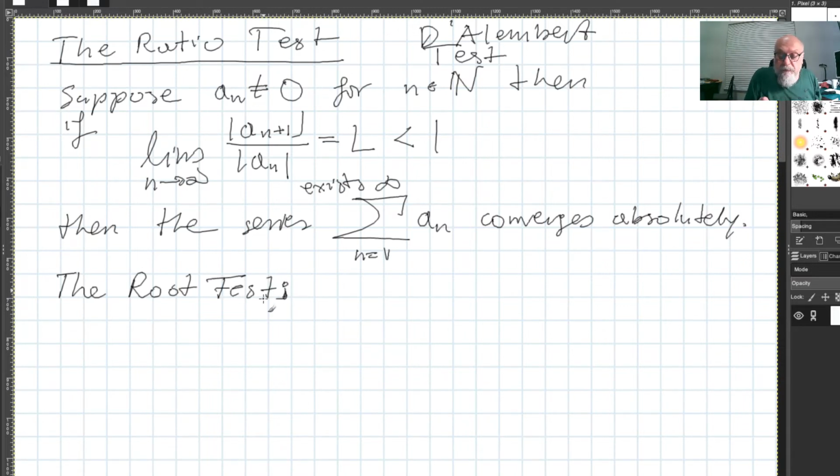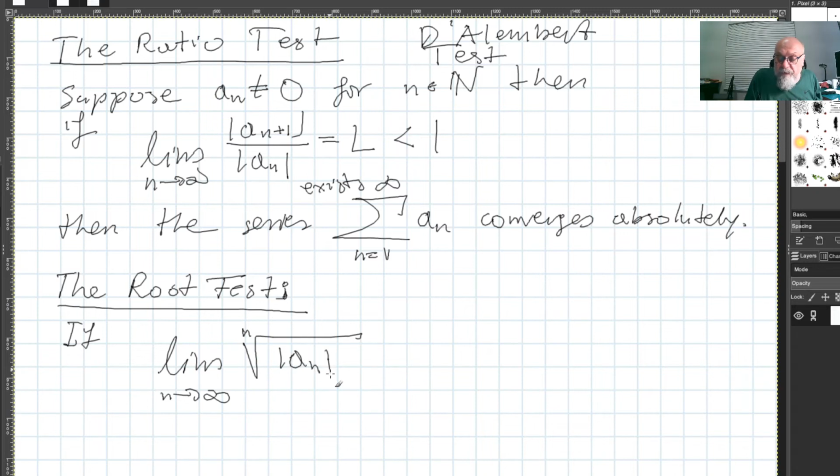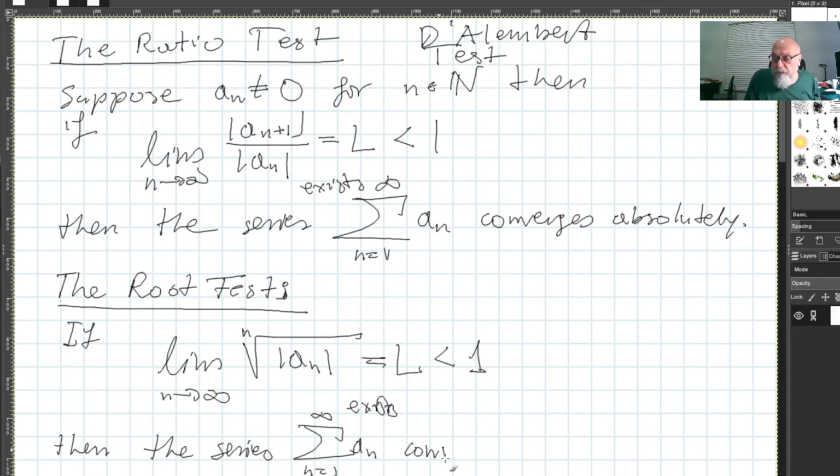And in the root test, if the limit as n goes to infinity of the nth root of a_n exists and is equal to L, which is smaller than 1, then the series, the sum from n equal 1 to infinity of a_n, converges absolutely.